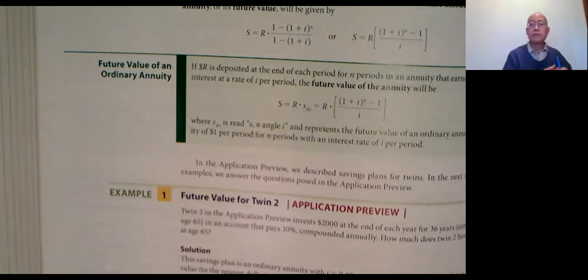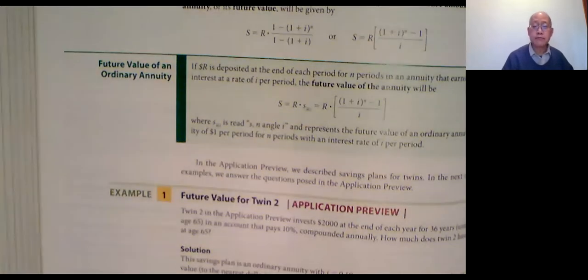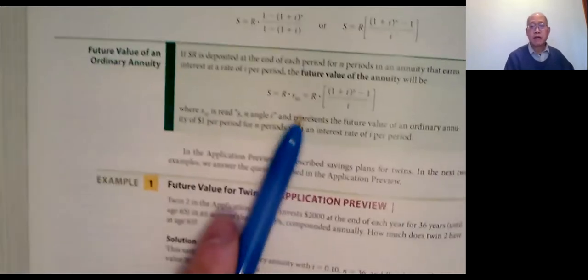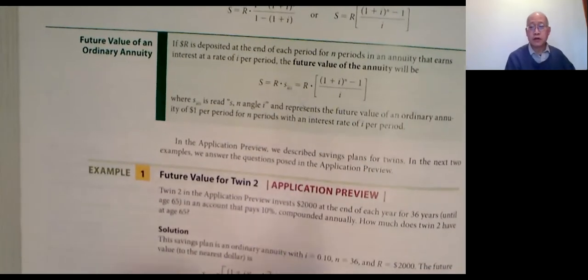So you're depositing a large amount right at the beginning, but a lot of us maybe can't do something like that. You can't just plunk down a huge amount right away. What is much more reasonable is you make periodic payments, something called an annuity. I myself have an annuity.